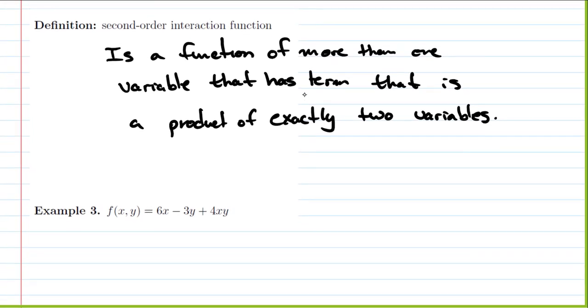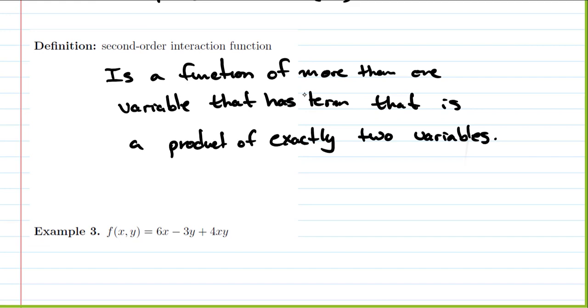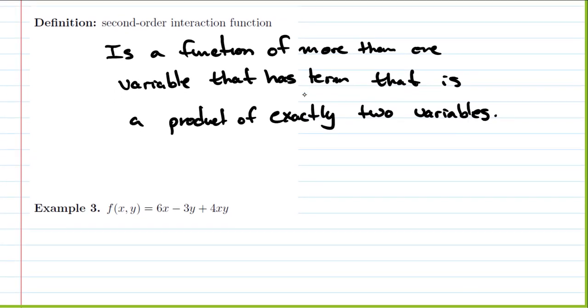So just to make clear, if we take a look at example 3, we'll notice it's pretty much the same function you guys just used, except now we've got this extra term. This term right here is a second order interaction because it is a product of exactly the 2 variables x and y.